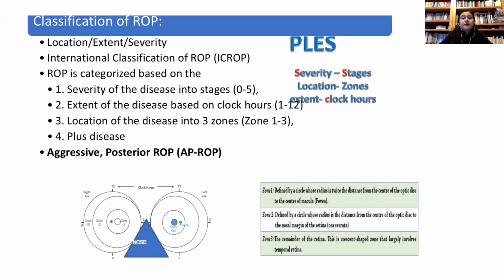So in 2005, the earlier classification of ROP underwent modification, including plus disease, severity of disease into stages, and based on zones and clock hours, and inclusion of aggressive posterior ROP.